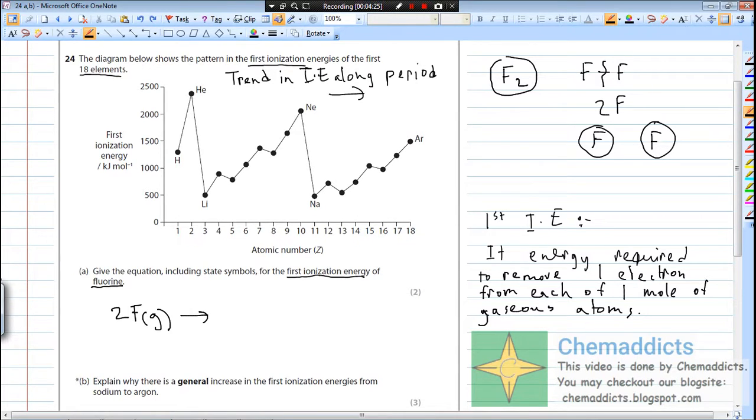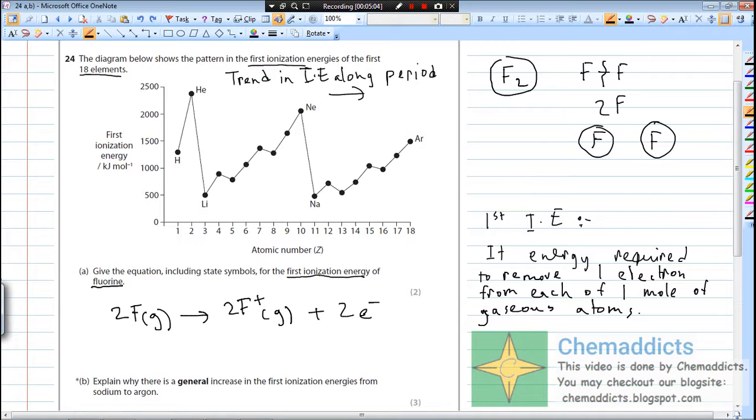Then by removing an electron from each, we will get two F plus ions plus two electrons. Since two atoms are being ionized here, two electrons will be given, forming two positively charged fluoride ions. That is how we write the equation.